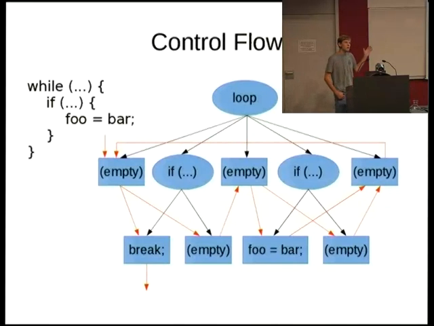You can compute the control flow graph using the tree, but we keep both of those around in order to optimize things, because all of the optimization passes want to use the control flow graph and think in terms of the control flow graph, but the backend needs to have the tree structure.